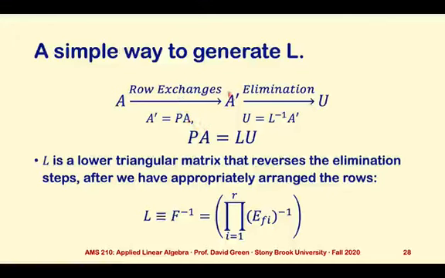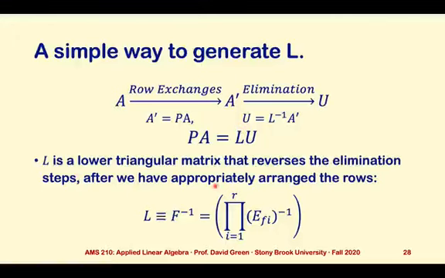Once we have A prime, we then do forward elimination to an upper triangular matrix, where we only need to do elimination steps. We do not need any row exchanges. And this can be encapsulated by U equals L inverse A prime, or A prime equals LU. Putting that all together, we have PA equals LU.